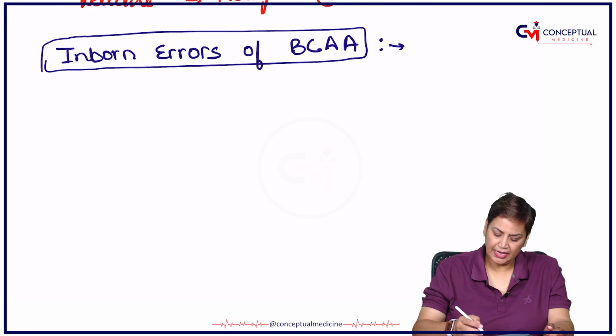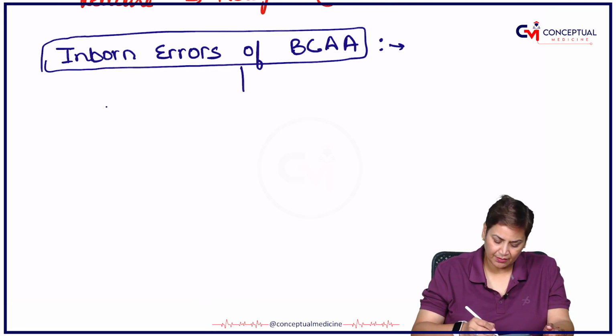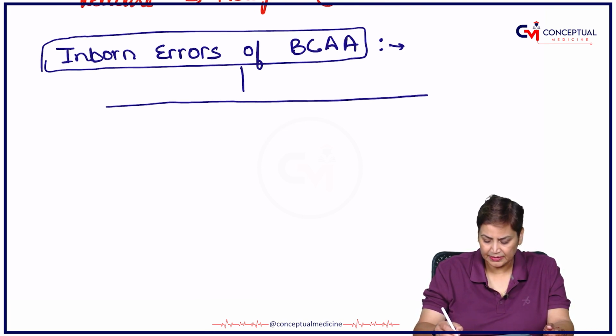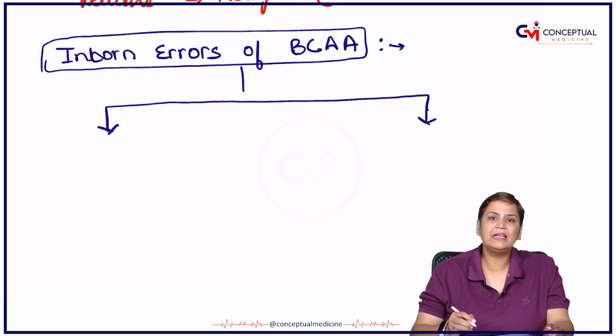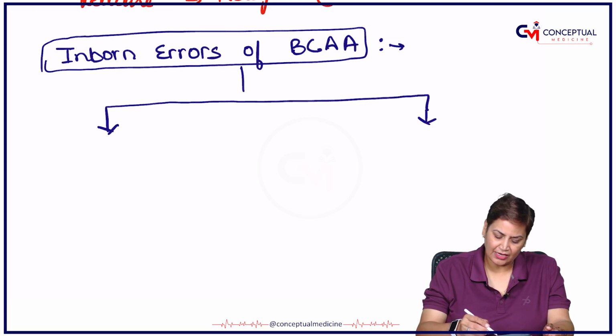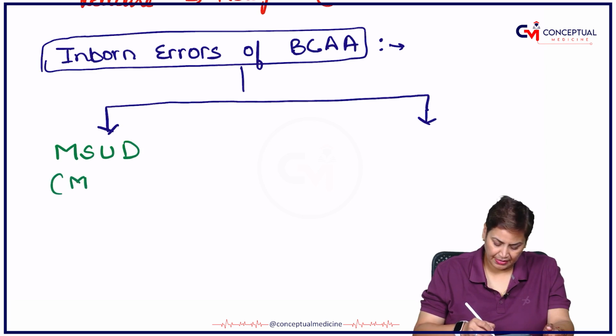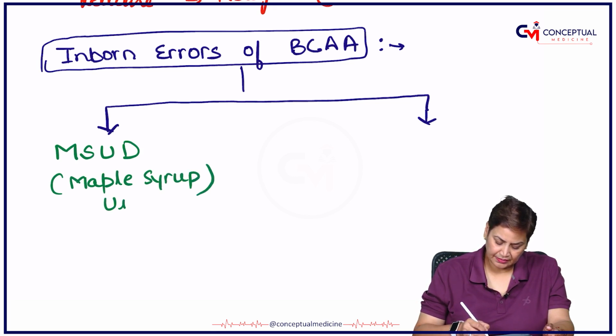The first one is Maple Syrup Urine Disease, commonly called MSUD, which stands for Maple Syrup Urine Disease.